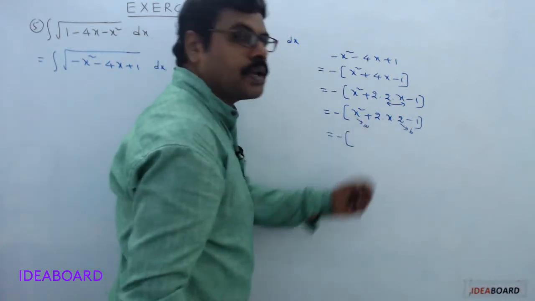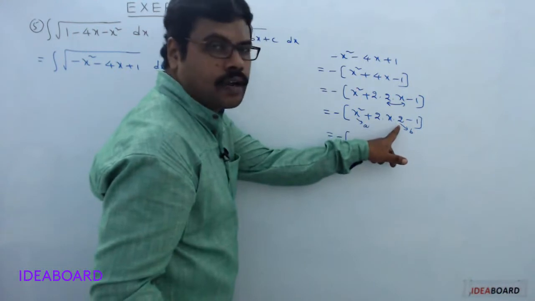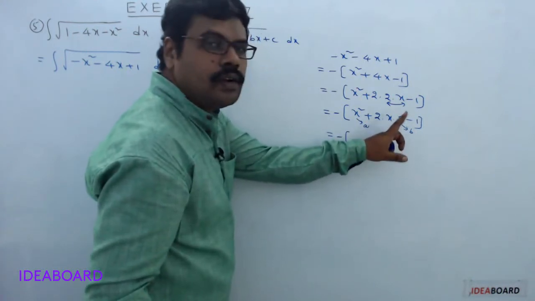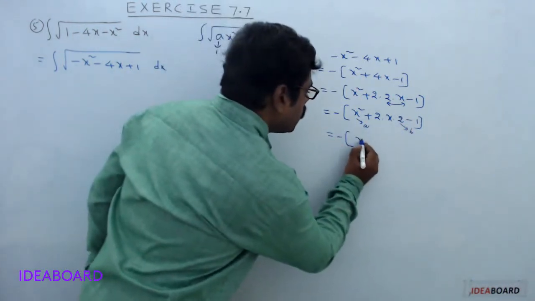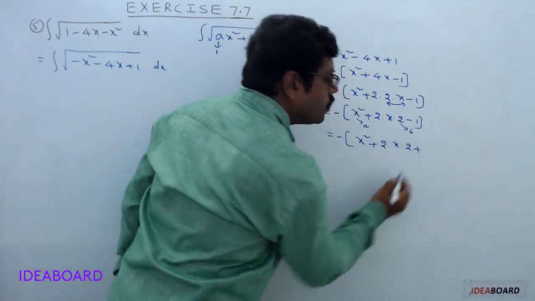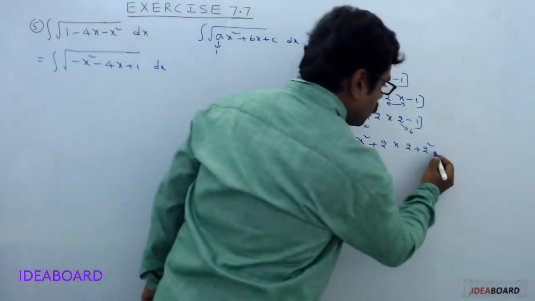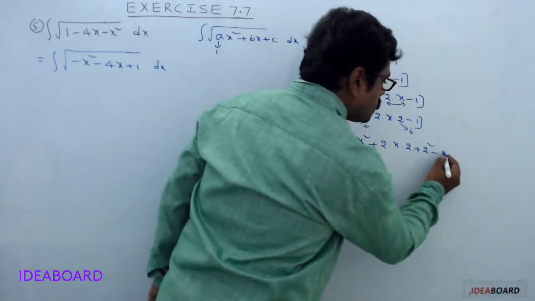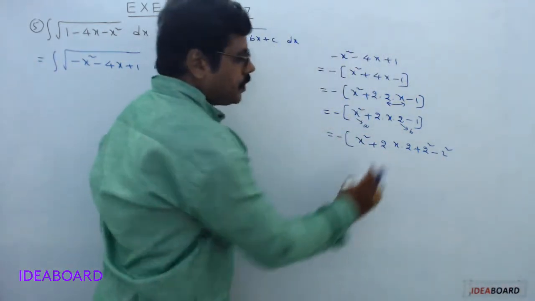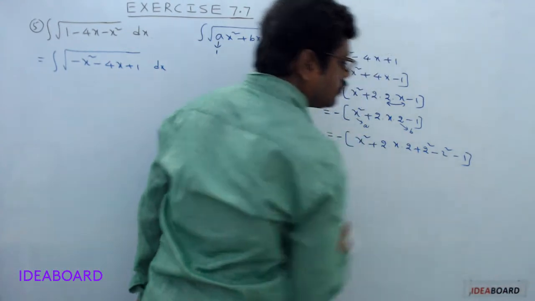To make this expression a perfect square, we need the 2 square term. So, adding 2 square, it is x square plus 2 into x into 2 plus 2 square, adding 2 square and simultaneously subtracting 2 square. The constant term in the previous expression is minus 1.